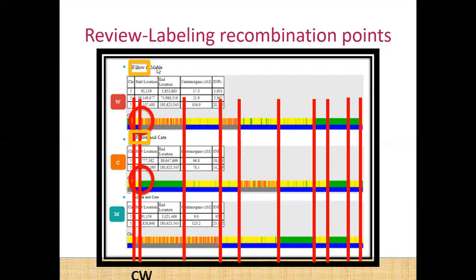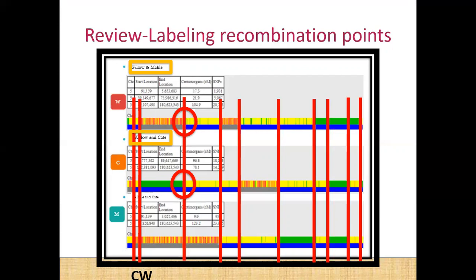So Willow is compared with one sibling and Willow is compared with the other sibling. So Willow is involved in both these changes, and so she is the one who had recombination take place. She had the change, and so that change shows up when she is compared to either of her siblings.